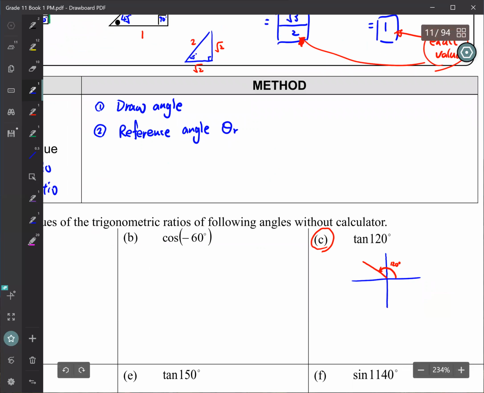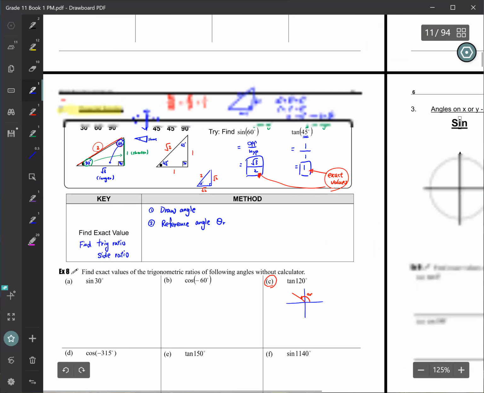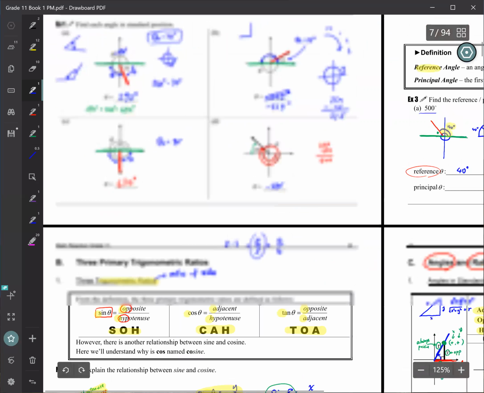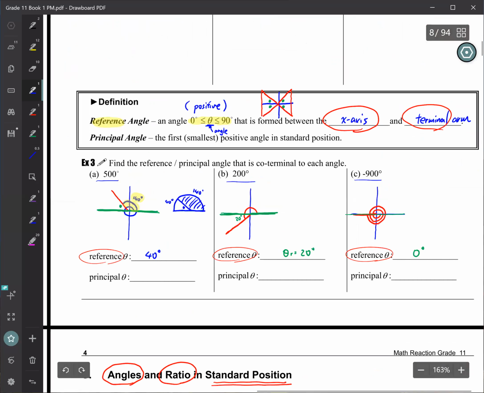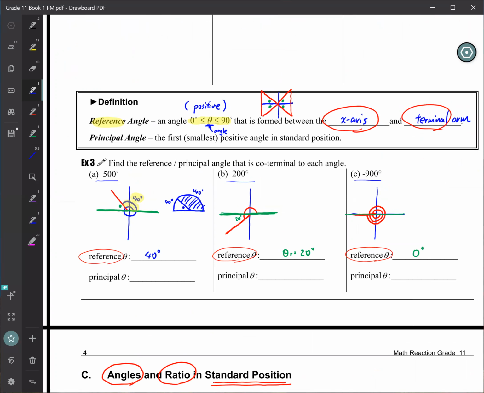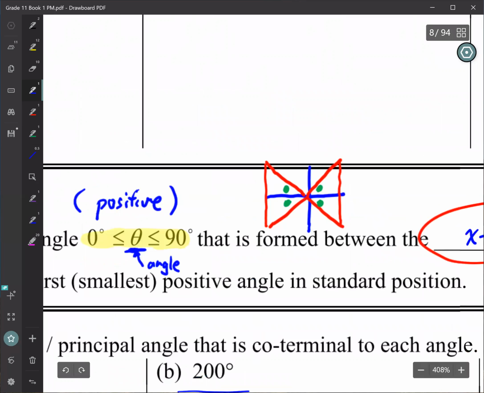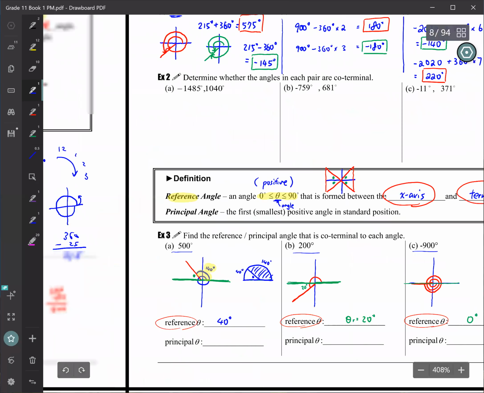If you forgot the reference angle, you can go back and look at this one. This one is page 2. Reference angle is all the green dots, depending on which quadrant it is in. The green dots are the reference angle.